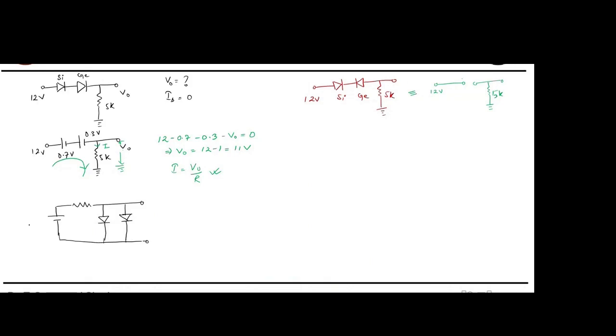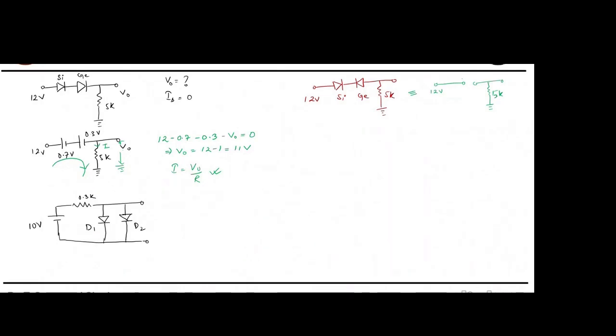Okay, now what about this parallel circuit? 0.3 K, and I will call this one D1, this one D2. And remember this, whenever there is a parallel combination of diodes, either it will be mentioned in the question that both the diodes are identical, or if it is not mentioned, then you can assume that both the diodes are identical.